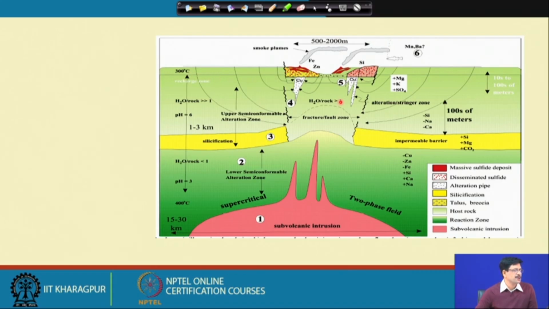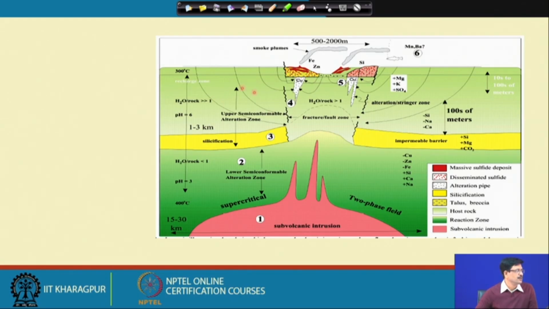Since this is basalt, it is a setting of a mid-oceanic ridge type of rift, an extensional regime, where the sea floor basalt, as we saw in some of the previous diagrams, is faulted and very much fractured in the top part, and that allows the sea water to percolate or go down through the fractures in the distal part of the system, away from the volcanic center.